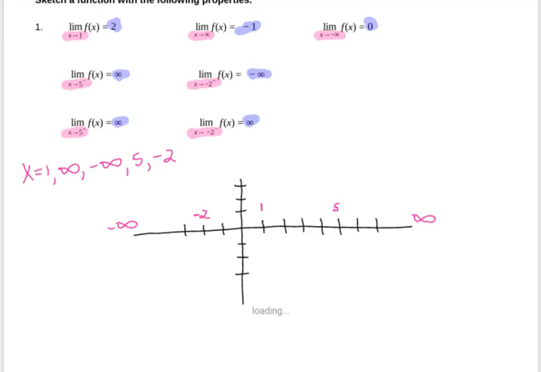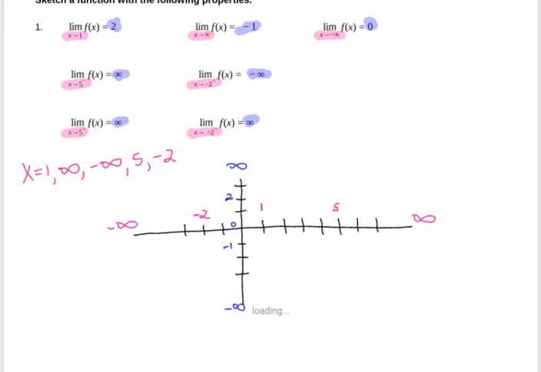We know there's something important going on with a y value of 2, something important going on at -1, something important going on at 0, and then something important all the way down at negative infinity and all the way up at positive infinity.